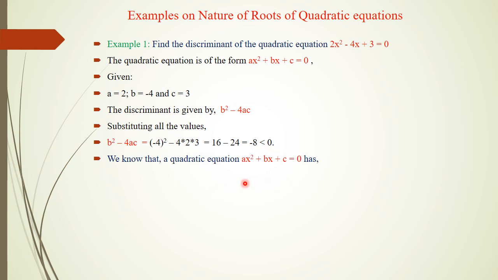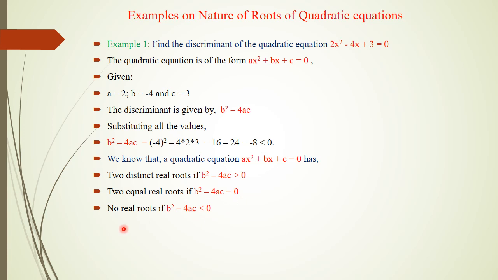Now we know that a quadratic equation of the form ax square plus bx plus c equal to 0 has two distinct real roots if b square minus 4ac is greater than 0, two equal real roots if b square minus 4ac is equal to 0, and no real roots if b square minus 4ac is less than 0. For the given example, we have found a discriminant value which is less than 0, that is minus 8.